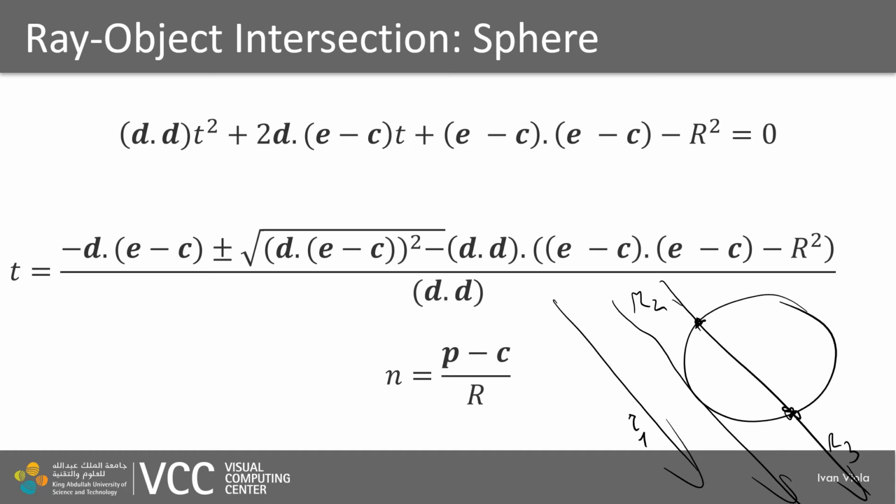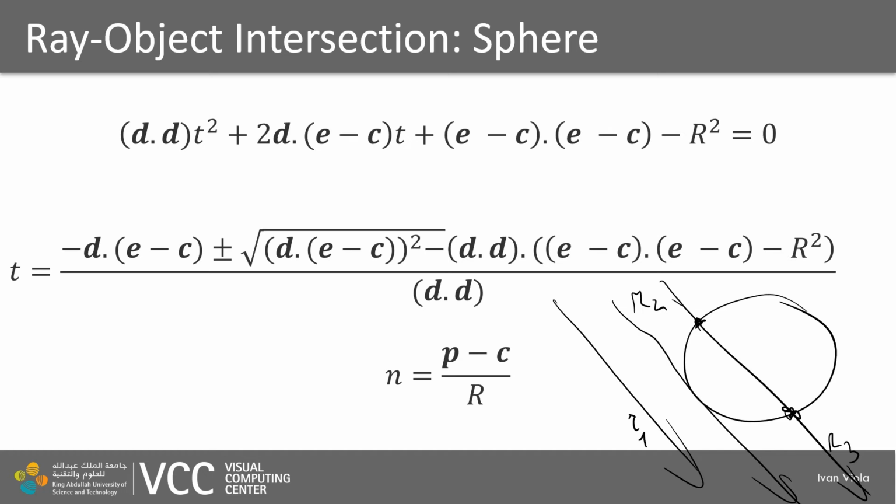If we have a look at our implicit sphere representation after we have entered the formulation of our line points, we can see that simplifying this formulation will result in a quadratic equation where t is the unknown which we are looking for.